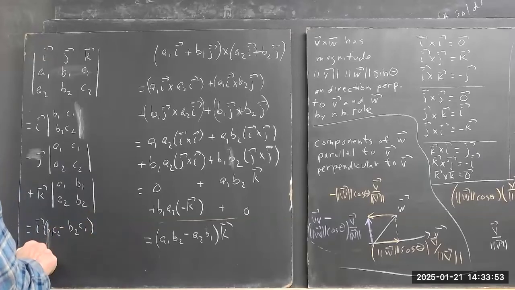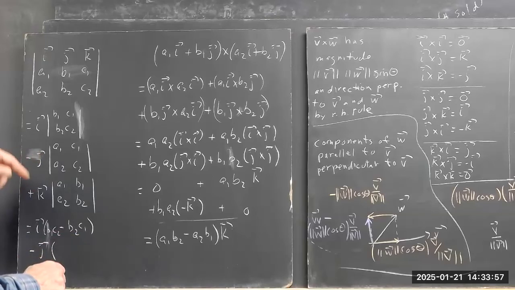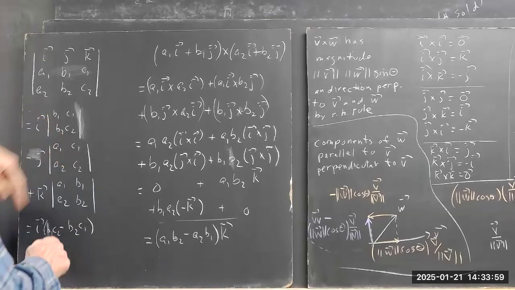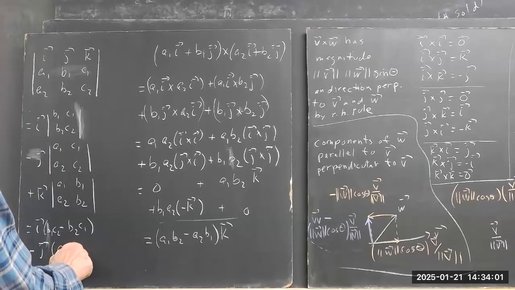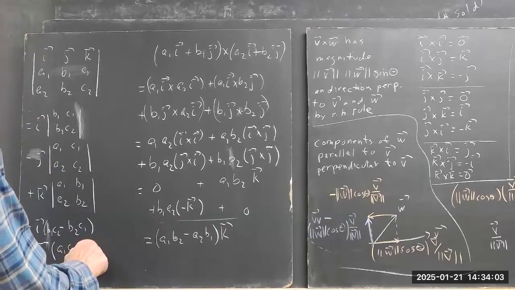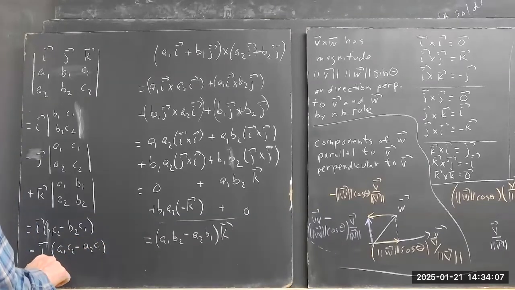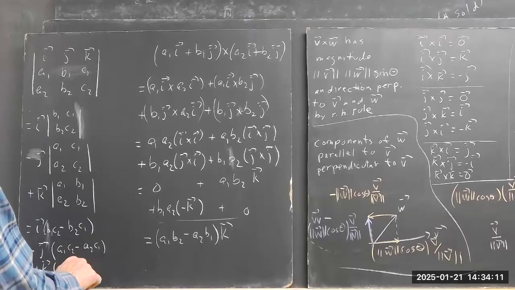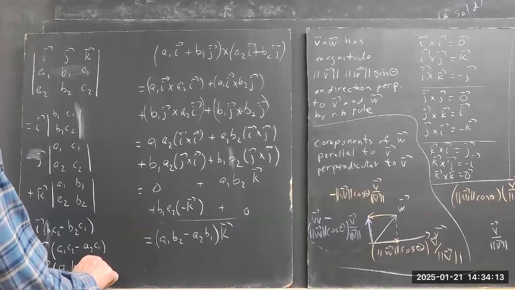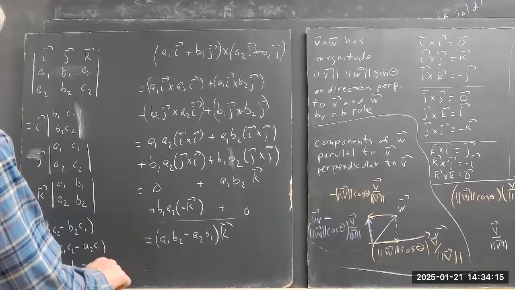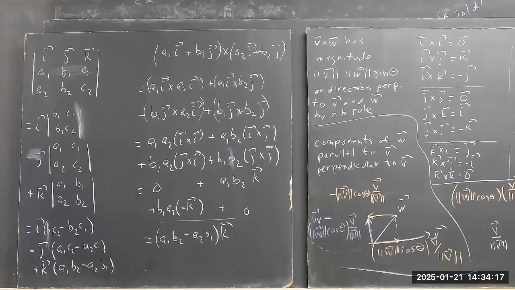It's real easy to do these wrong, especially when you're running them out. A1, C2 minus A2, C1, plus K times A1, B2 minus A2, B1.